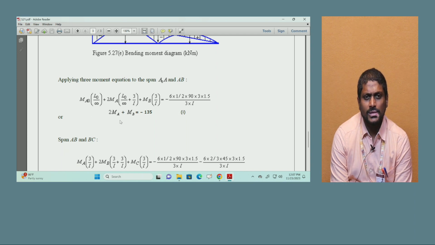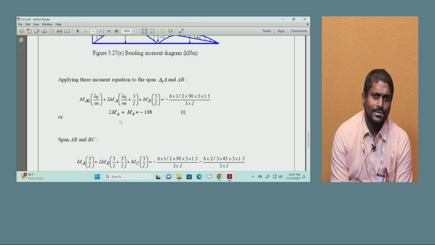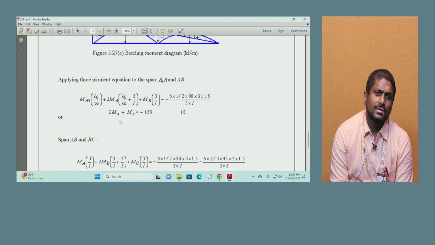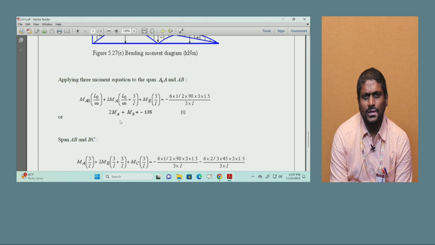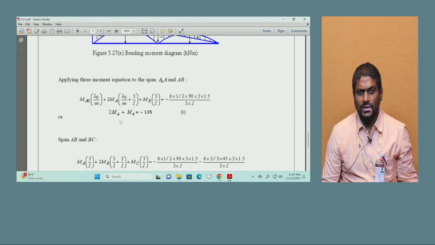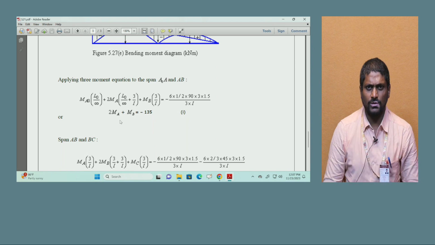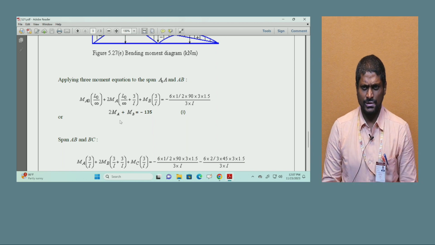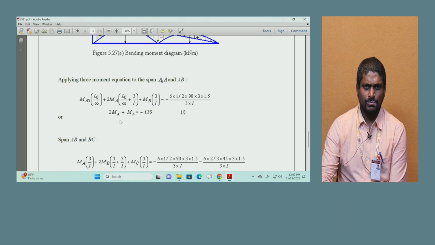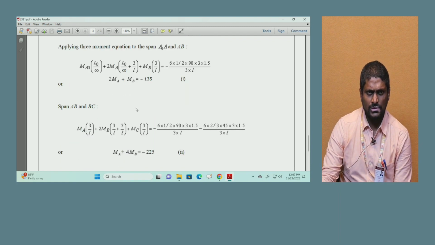So plus 2MA into L naught by I naught plus 3 by I plus MB into 3 by I equals 6 into 1 half into 90, because it's a triangle, that is why you have to use the triangle formula, that is half into 90 into 3 into 1.5 divided by 3I. So from there we get 2MA plus MB equals minus 135.